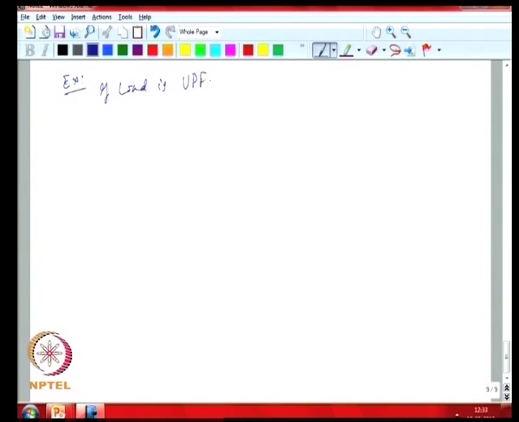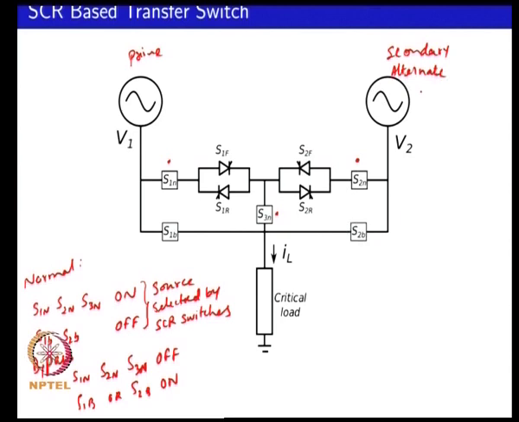So, if you assume it is a resistive load, and V1 and V2 are in phase, then you could think about, say, if you are operating in the positive half cycle of the voltage, and under that particular condition, if the prime source voltage went away because of an outage, then if you look at the switch that would be conducting under that condition, it would be S1F.